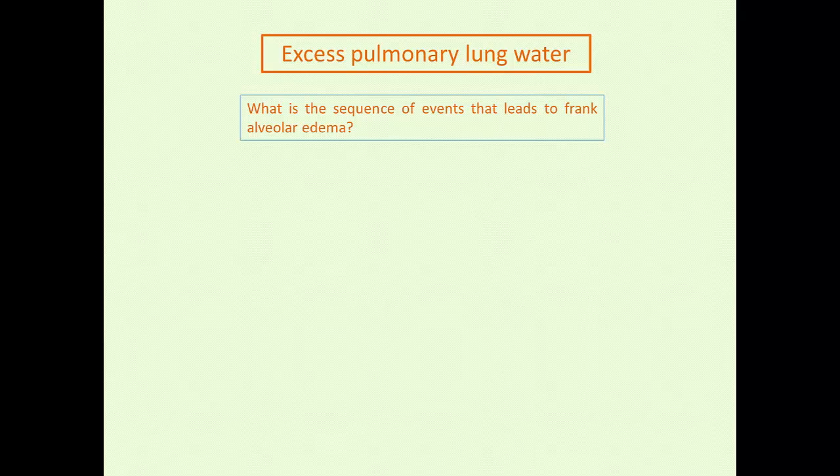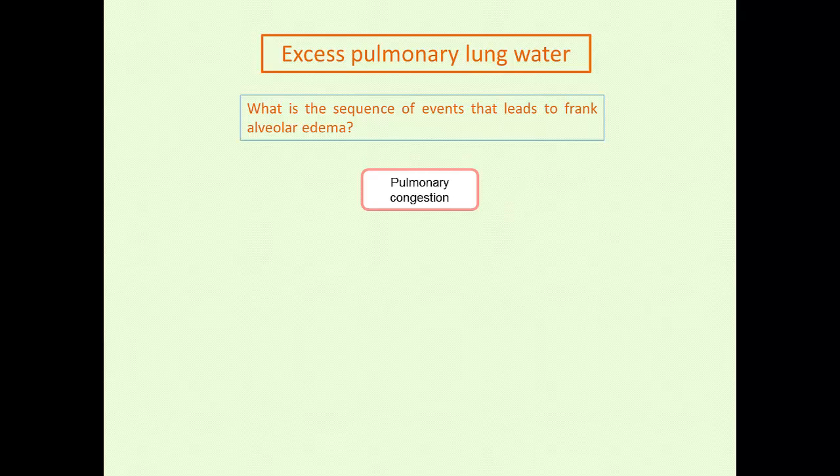There were some cool studies done maybe 30 years ago where they tried to look at the sequence of events that led to frank alveolar edema. What they found was that if you elevated left atrial pressure, first you'd have pulmonary congestion, which was essentially an increase in intravascular volume in the lungs.